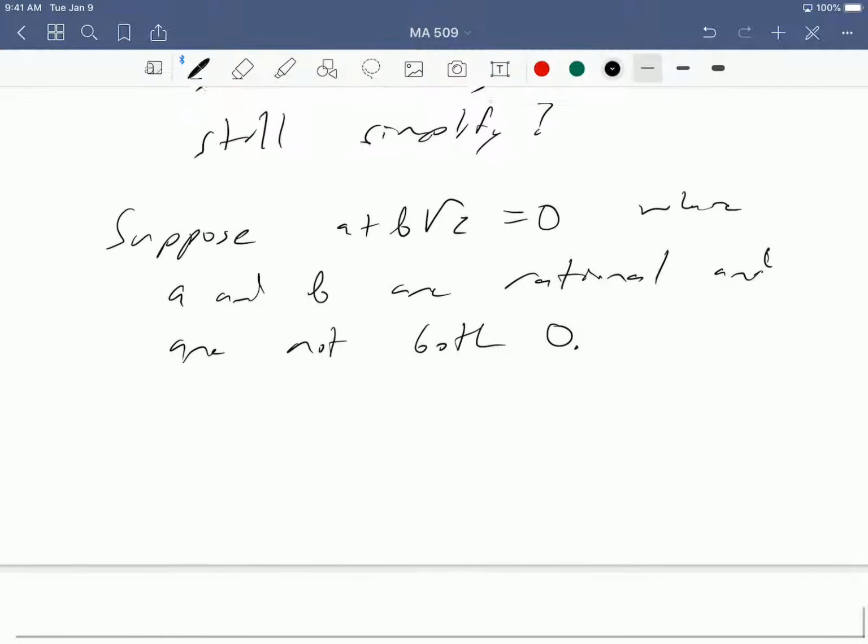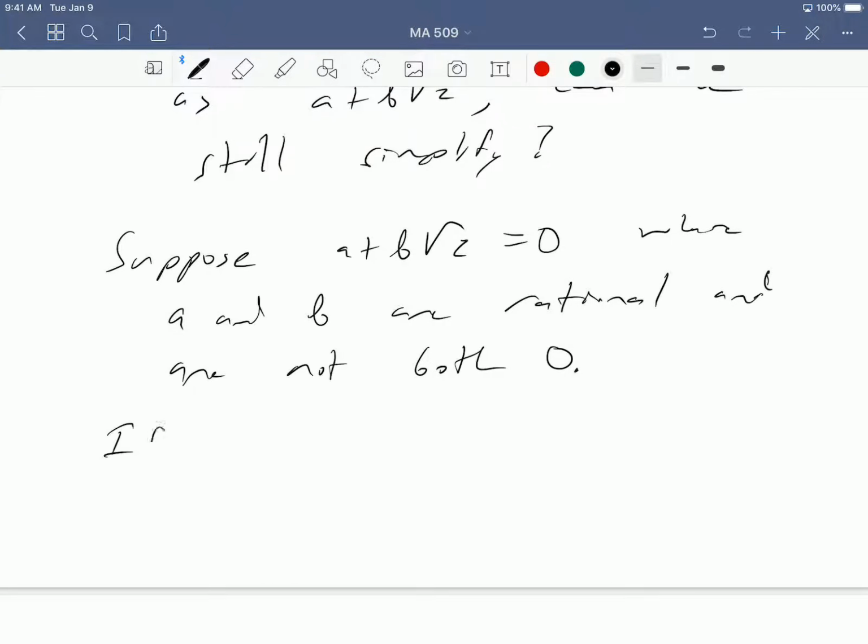So we're going to think about if a plus b root 2 is 0, then b root 2 is minus a. So I'm just going to subtract a from both sides.